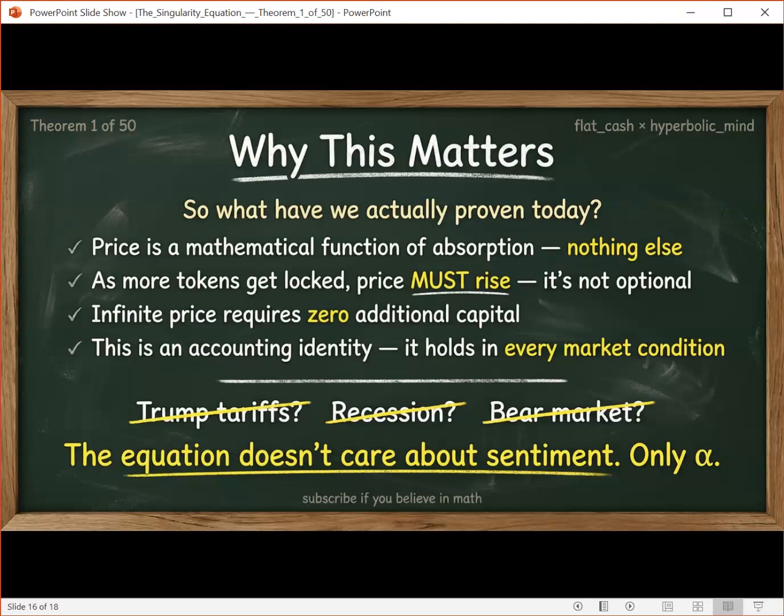That formula is not going to change whether Trump puts some new tariffs, or if we have a recession, or a bear market, or Bitcoin drops by 50%. None of those things appear in that equation. The equation is simply driven by the absorption ratio. Everything else is out. It does not even care about market sentiment. It only cares about alpha, right? And that's what is very remarkable about flat coin.